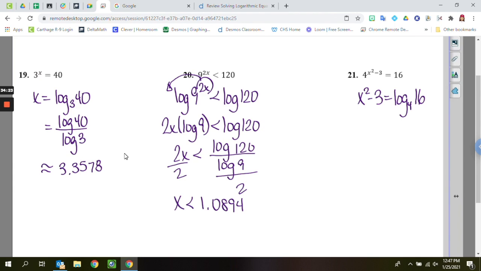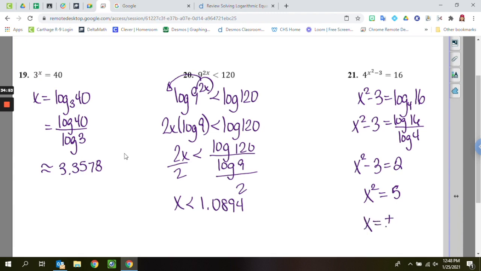So keeping in mind with change of base, log of 16 divided by the log of 4. Regardless of whether you got them to the same base or not, that's still going to give you 2. Log of 16 over log of 4 should still be 2. Add 3 to both sides, and that gives us 5.